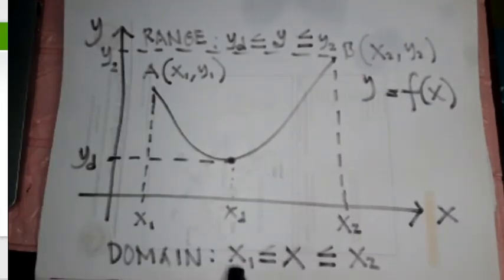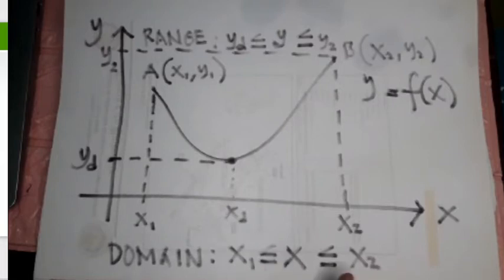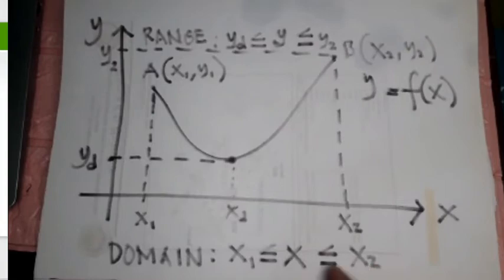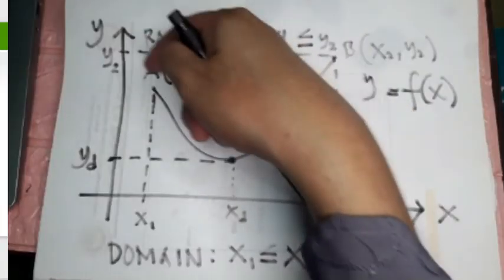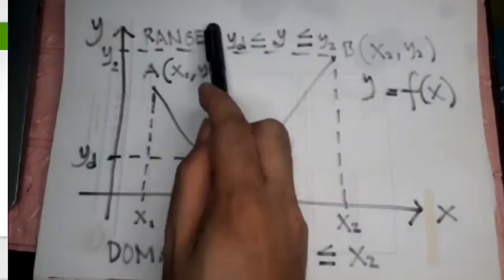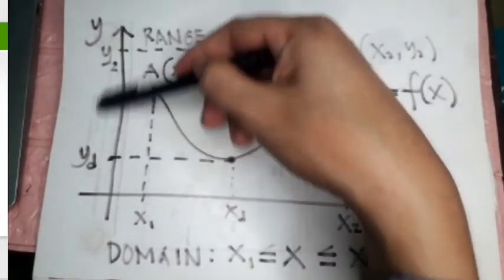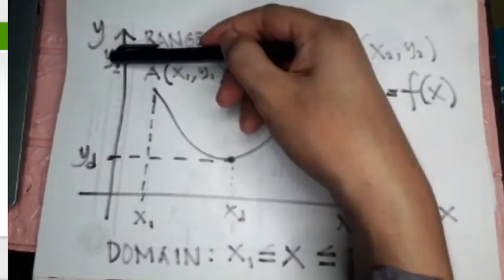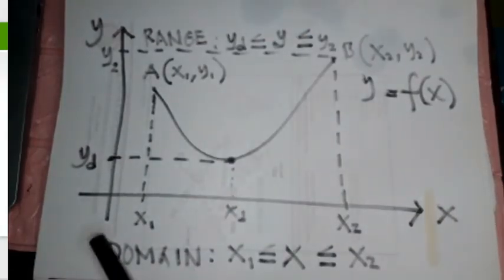Similarly here, x1 is the minimum value of x, and x2 the maximum value of x. This is the range of values. The word range is used for y values, and the word domain is used for x values. That is the difference. They have the same meaning.